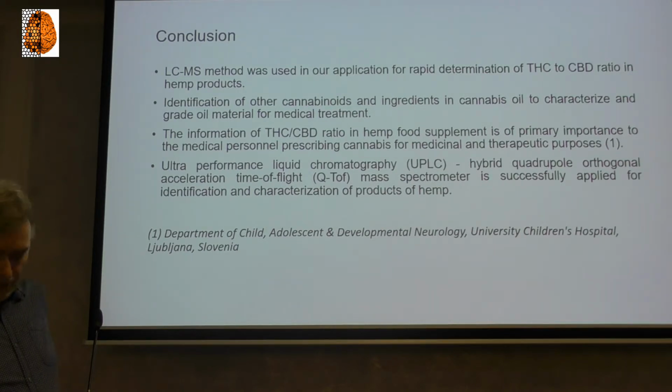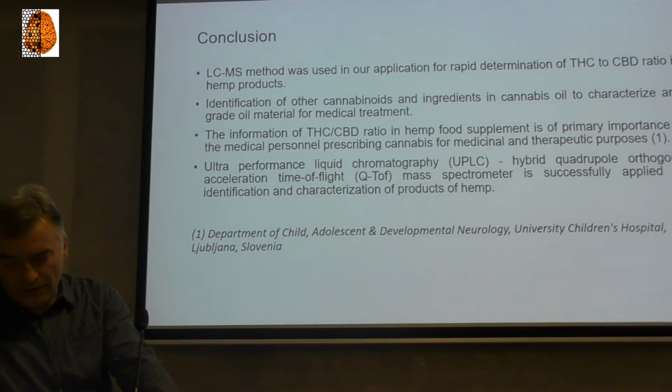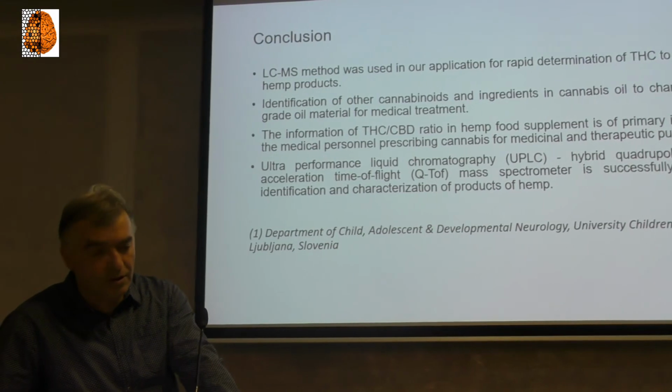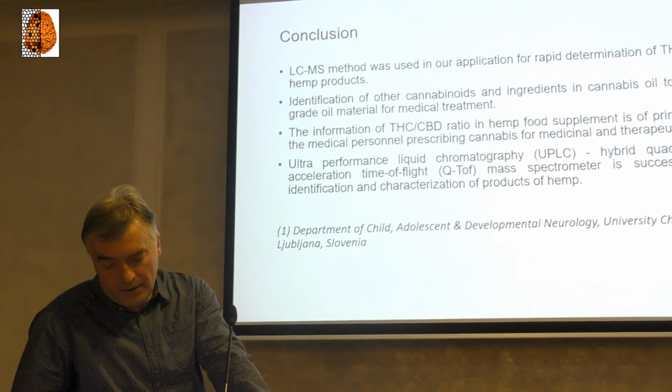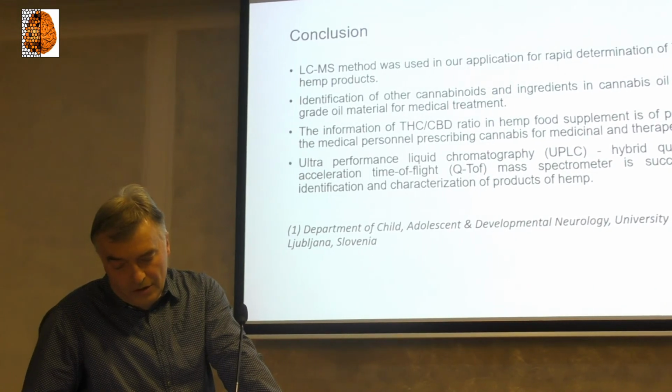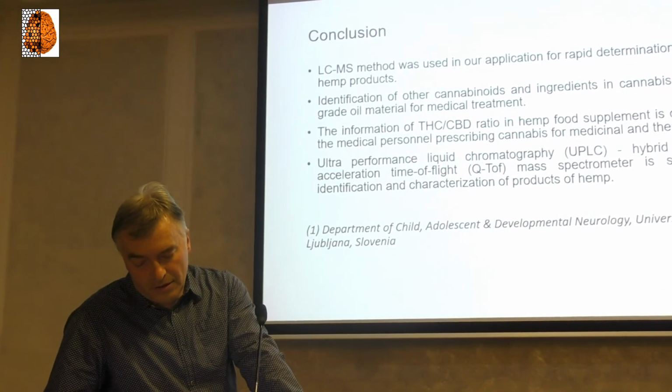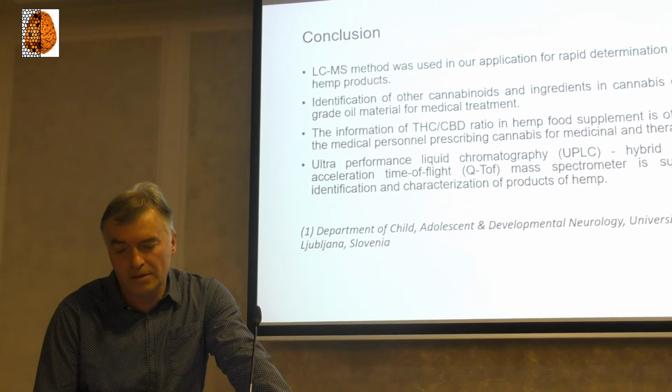Also some impurities which are found in hemp products. This was used for hemp products for alternative medicinal treatment, and the information on the THC-CBD ratio in hemp products is important for medicinal and therapeutic purposes.